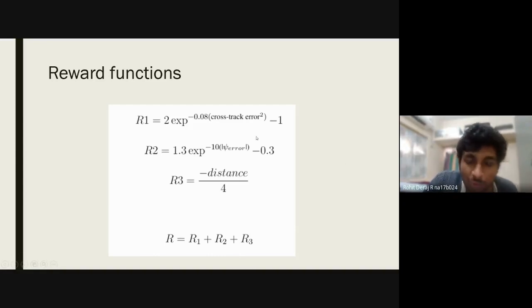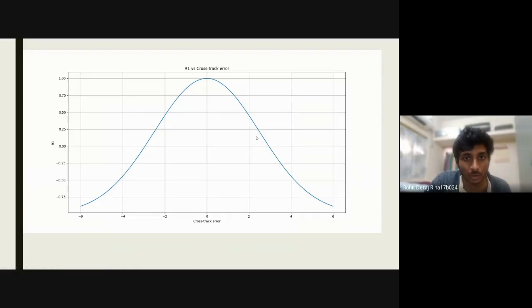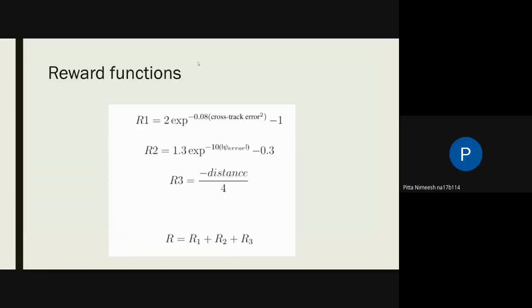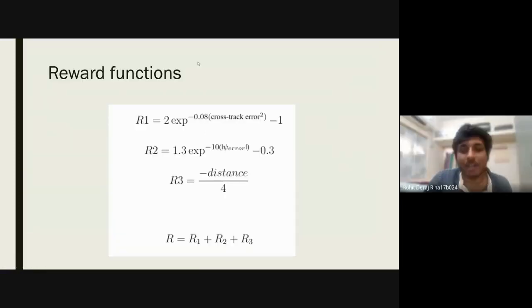And okay, I'll show you individual plots of these. So this is the plot between all. Any particular reason to choose this? Yes, trial and error. Basically, in one of the papers I saw that they used exponential rewards and got good results.